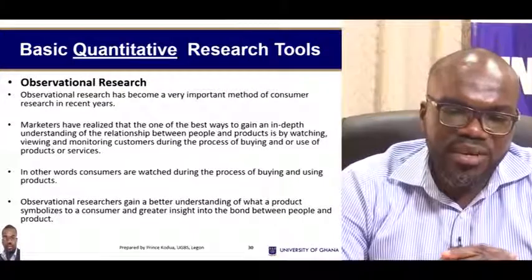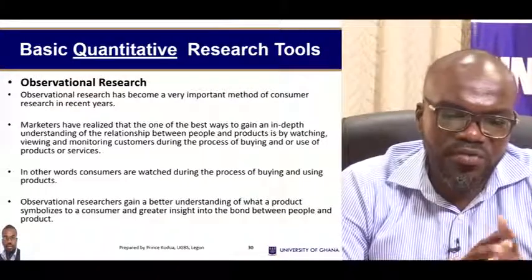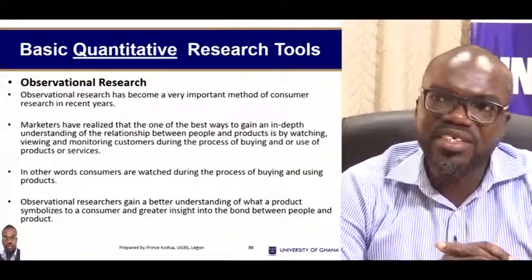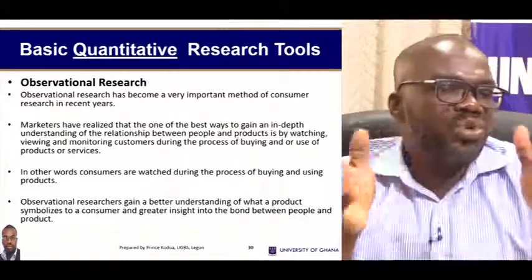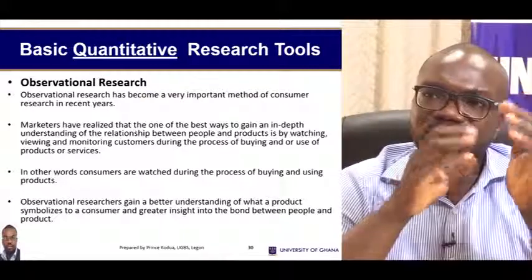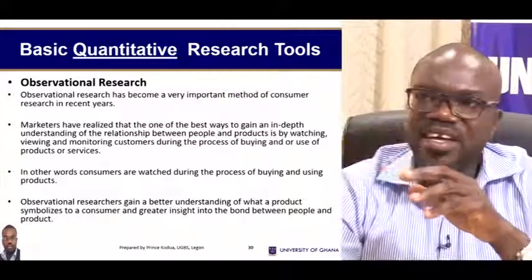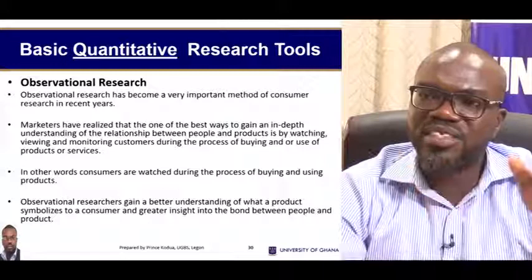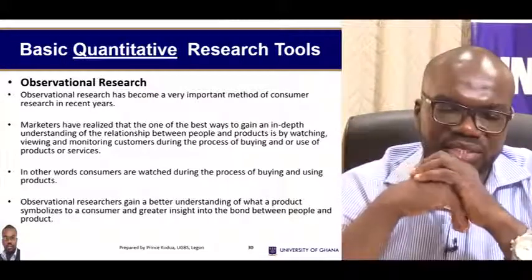When it comes to the quantitative research tools, we can talk of observational research. Here, basically, researchers watch or observe the relationship between consumers and products in relation to product usage.